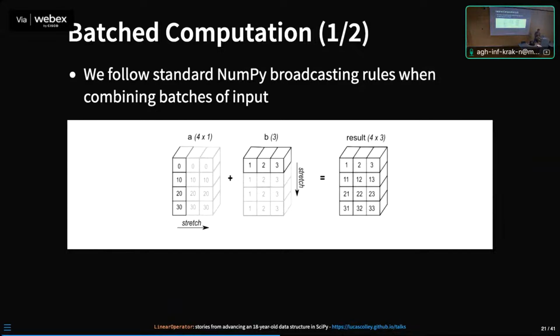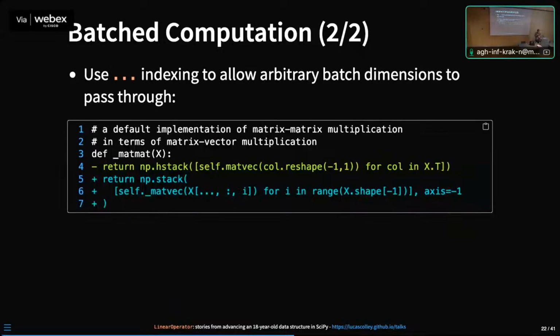Well, this also wasn't too hard because NumPy has kind of solved everything for us. We don't want to reinvent the wheel and do batch computations in a way that other data structures don't do it. We just want to follow what the rest of the world is already doing. And because we're using these array operations underneath, we get a lot of this stuff for free.